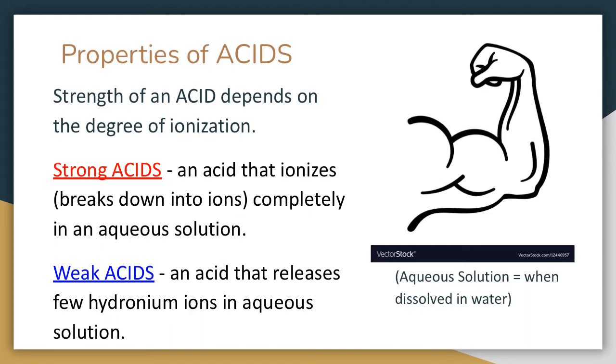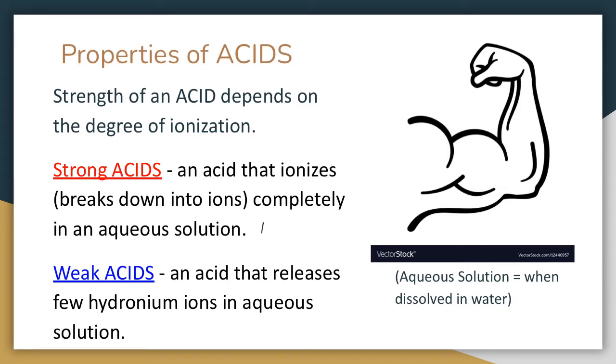So you get all ions from that one. None of it stays together as that bigger acid. Instead, a weak acid is an acid that releases few hydronium ions in aqueous solutions. So if it's weak, that means that substance really wants to stay together.